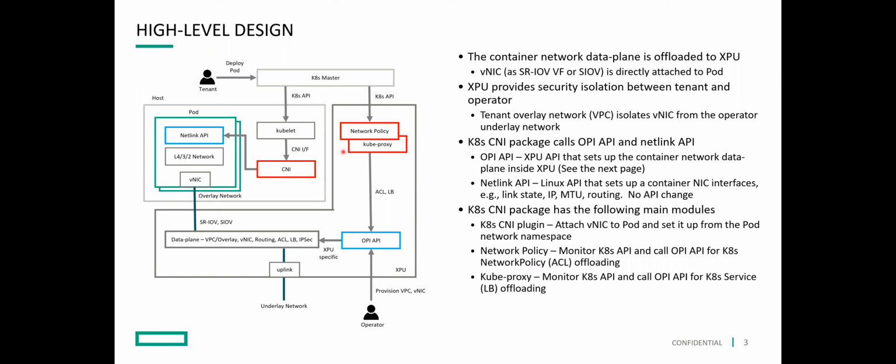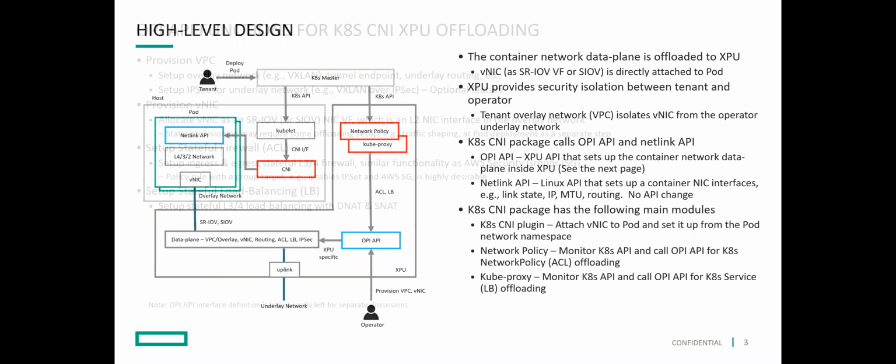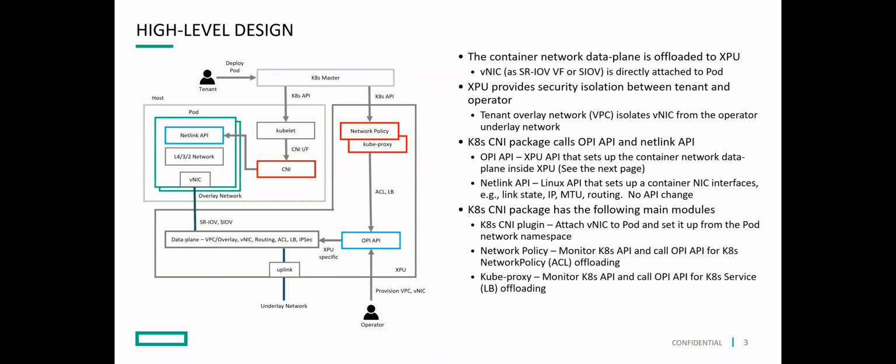Mhm. Am I viewing this right, Toshi? Is that also your view, or do you have any different opinion? My view is basically that the OPI API should be designed in such a way that it is not specific to the Kubernetes use case. I'm just trying to list the necessary functionalities in the next page for the OPI to support. And once those functionalities are provided, we can basically have the network policy or kube-proxy controllers.